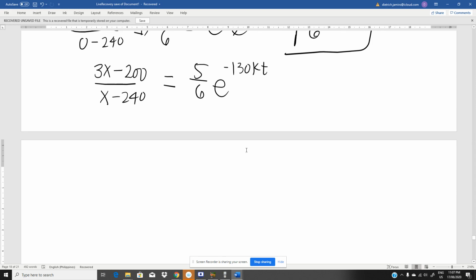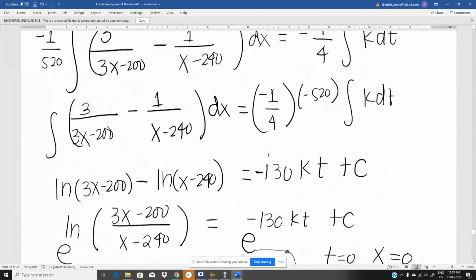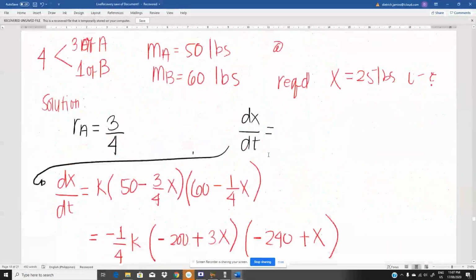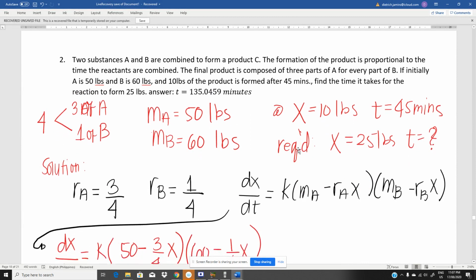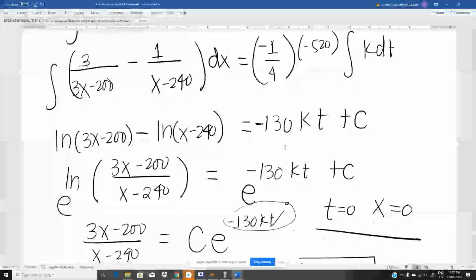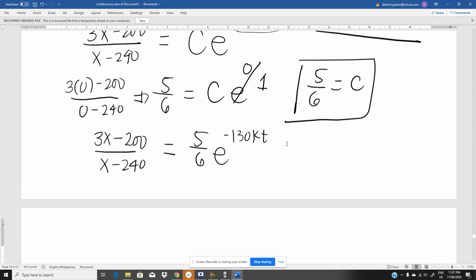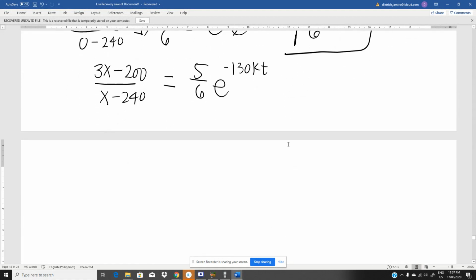And then we are also given that at x equals 10, t equals 45. So when x is 10, t is equal to 45.